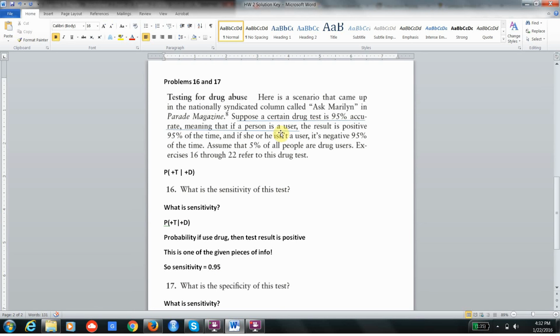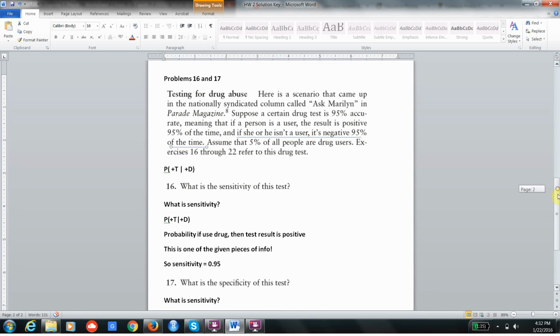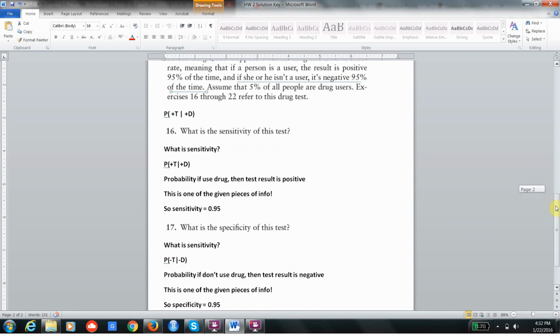Notice that this is the specificity down here. If they're not a user, in other words, if we know that they're minus D, okay, there's a 95% probability the test result will come back negative. Okay? So this is just the specificity. Now, if they're not a user, so this is what we know.